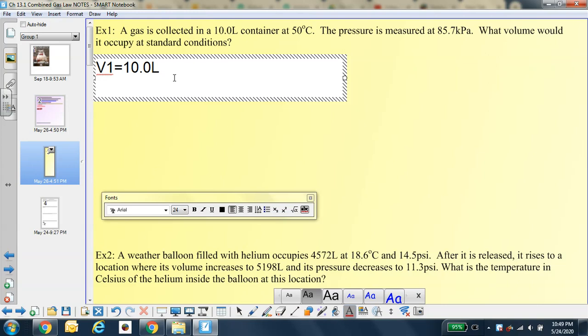At 50 degrees Celsius, here's our temperature 1. And we can't use Celsius, we need to put it into Kelvin. So we add 273. That gives us 323 Kelvin.